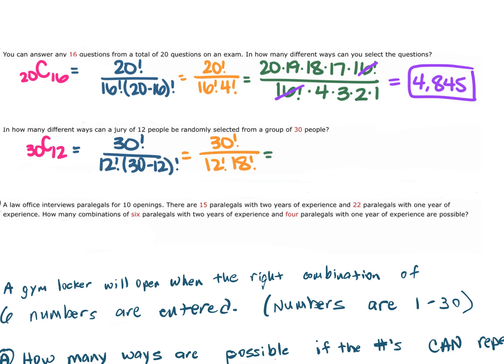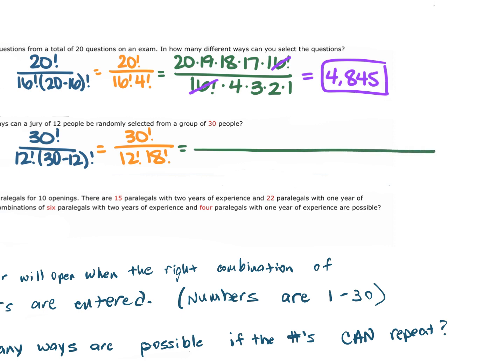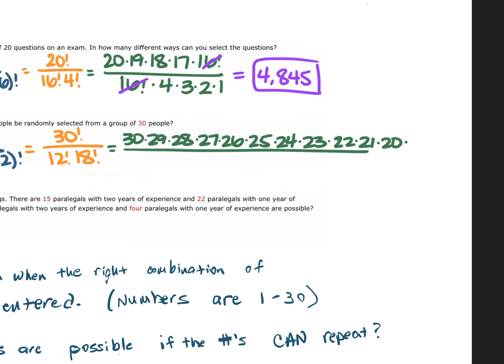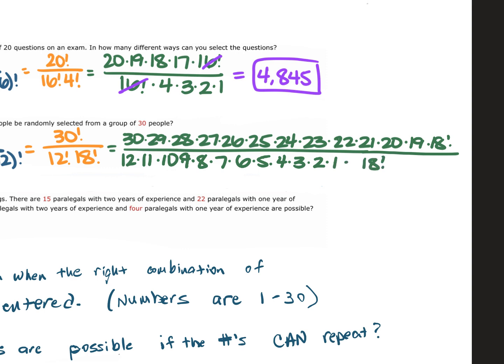So this is going to be a long list, but 30 times 29 times 28 times 27 times 26 times 25 times 24 times 23 times 22 times 21 times 20 times 19 times 18 factorial over 12 times 11 times 10 times 9 times 8 times 7 times 6 times 5 times 4 times 3 times 2 times 1 times 18 factorial.